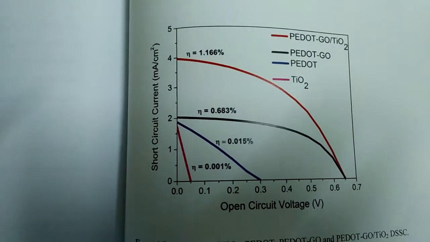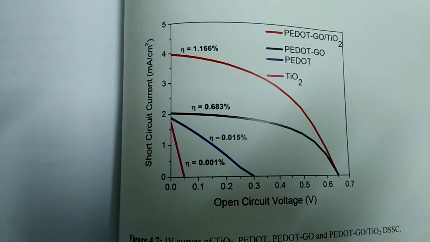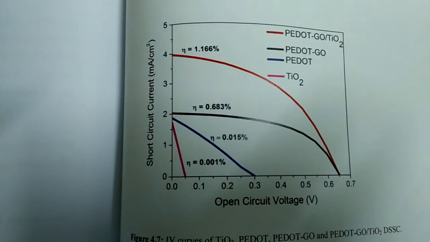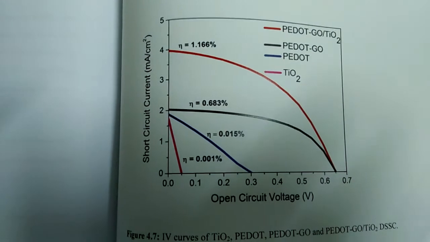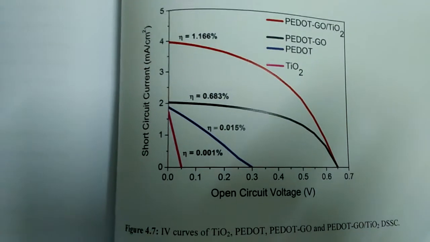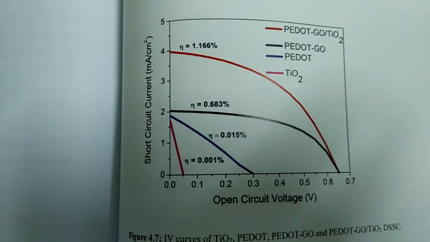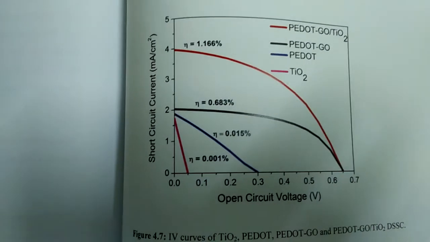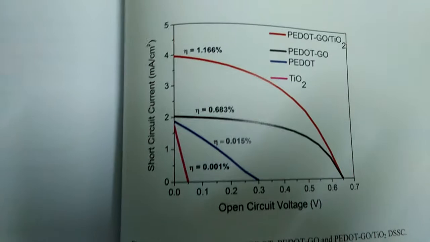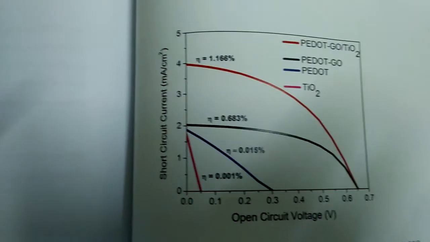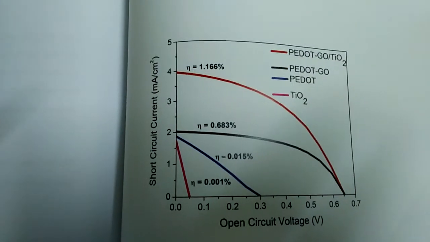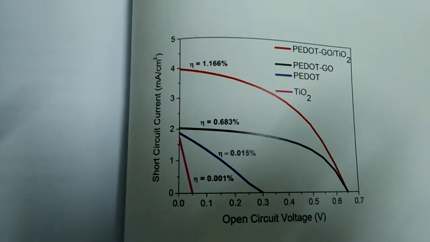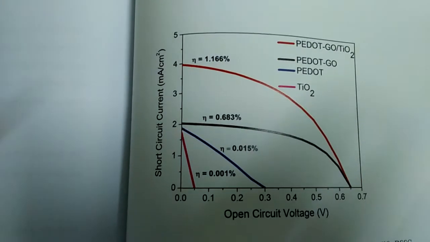So from the JV graph here, you can explain, because you support it with a lot of analysis. You support with EIS, you support with Tafel, you support with CV analysis. So a lot of supporting analysis will help you when you're explaining why you get high efficiency, and why combining the materials gives high efficiency.